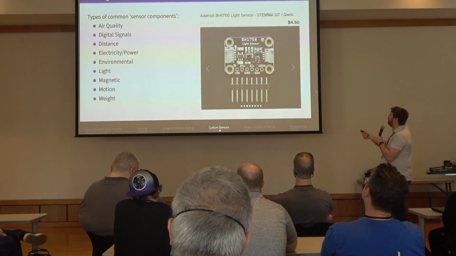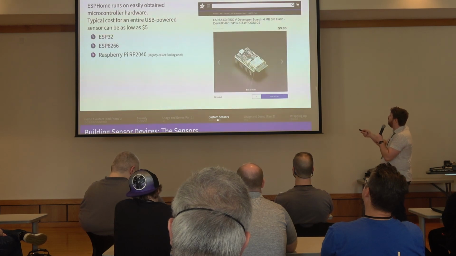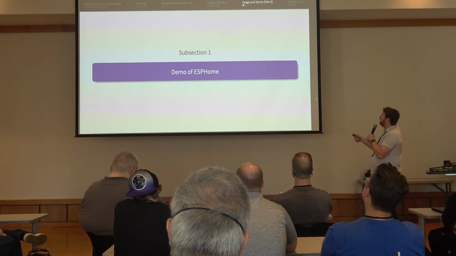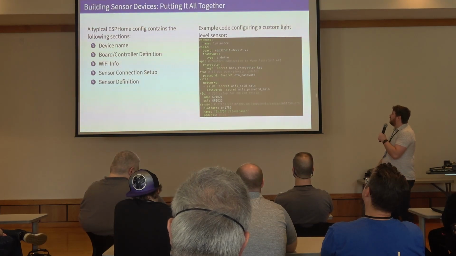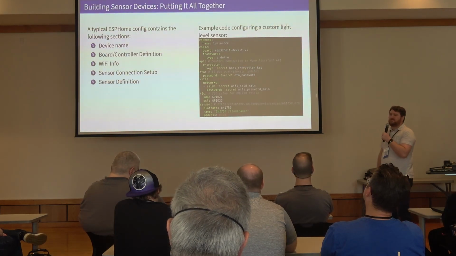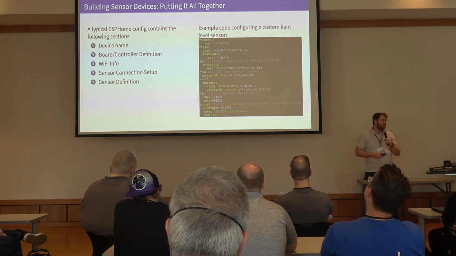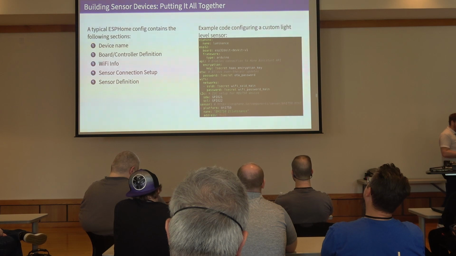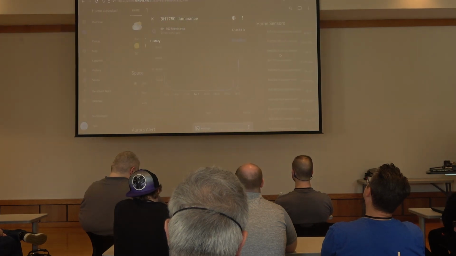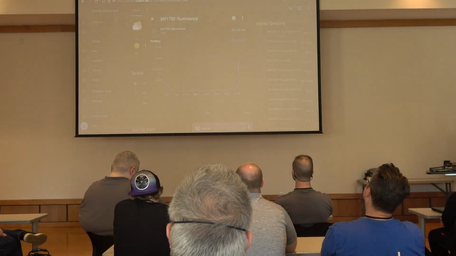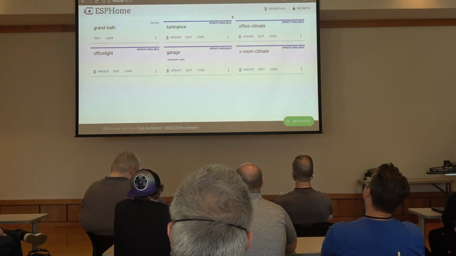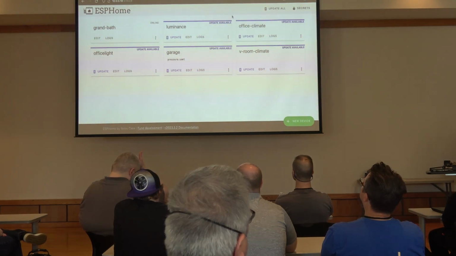So you literally just hook up SCL and SDA to whichever pin is labeled that number on your device. So that's it. You plug it in, 2 minutes later, you're done. And after all of that, you have a wonderful device living in ESP Home.